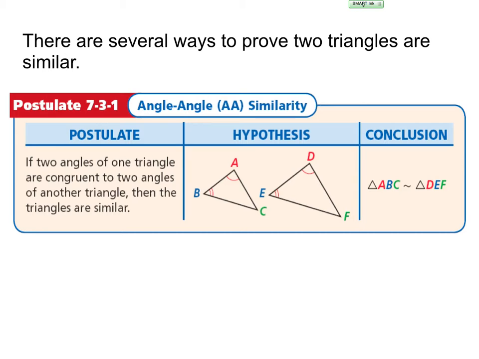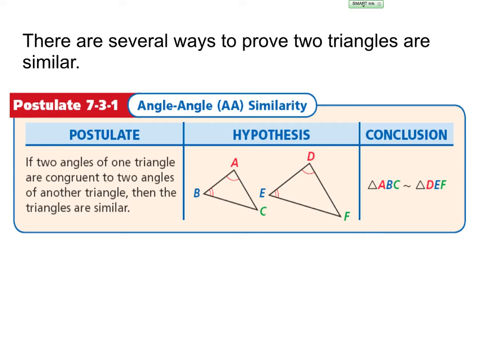We don't need the third angle to be stated because what theorem would guarantee that those last angles are congruent? Third angles theorem is what we have, right? That applies to triangles. So although we could go angle, angle, angle, just two of them is enough.